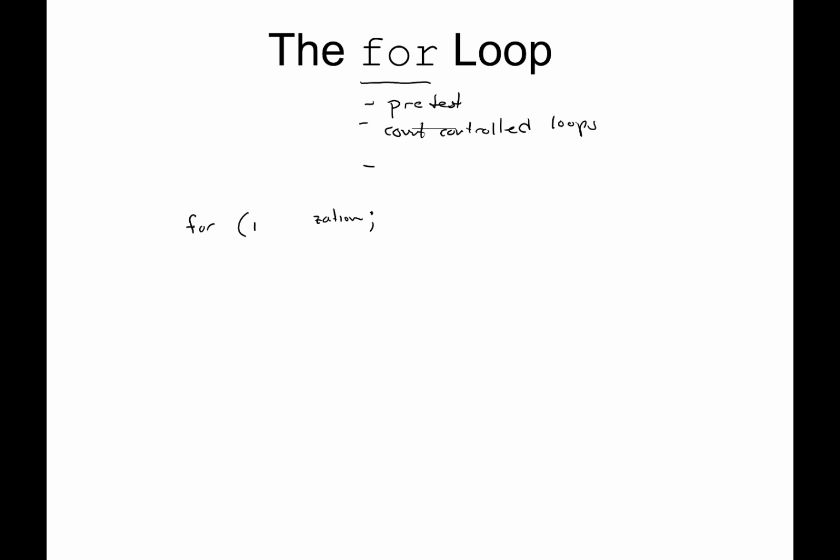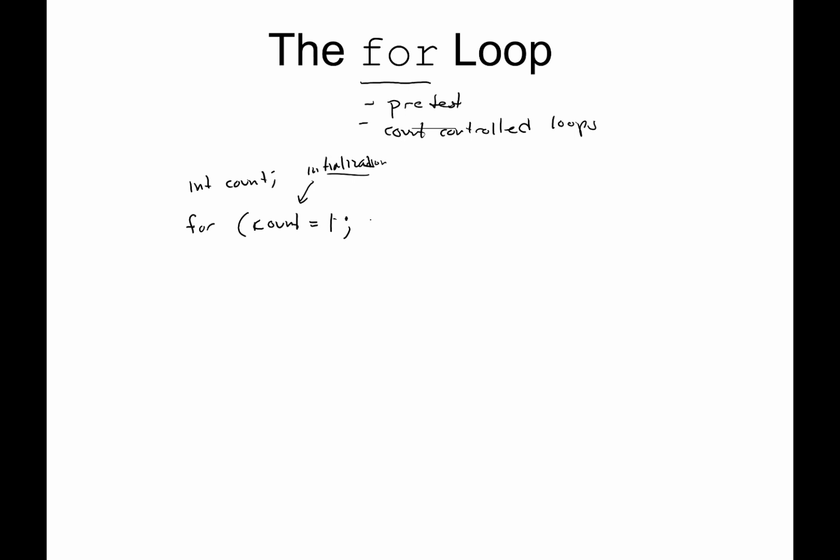So we might have count, and I'm going to declare count as an integer. So we might have count is equal to 1, and this is called the initialization. Basically it's just setting our counter equal to some value, and you can set that to whatever you want.